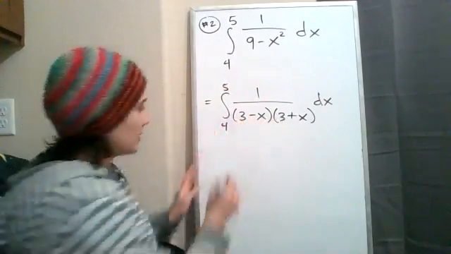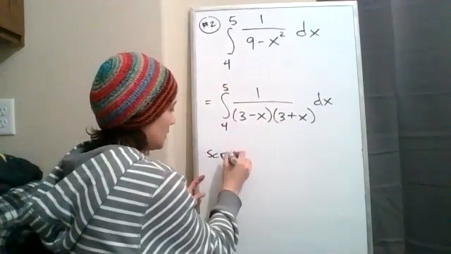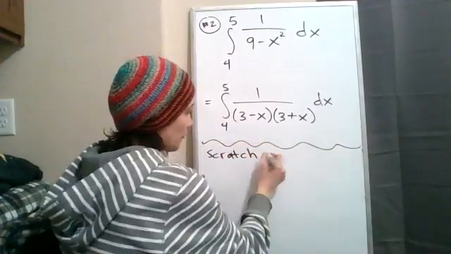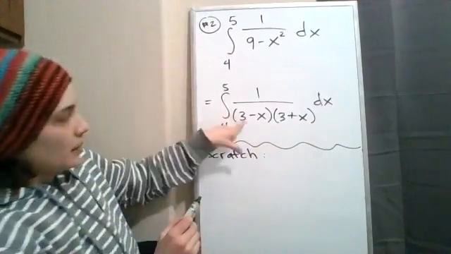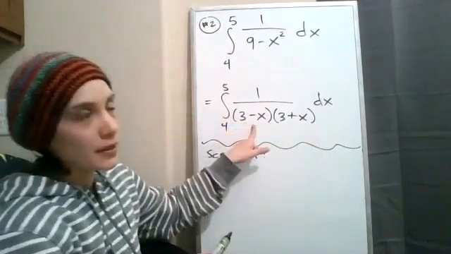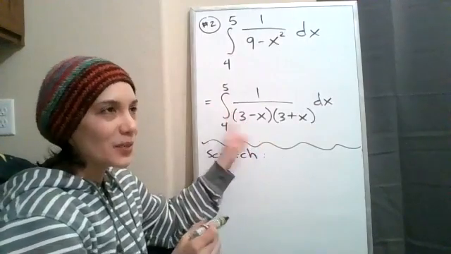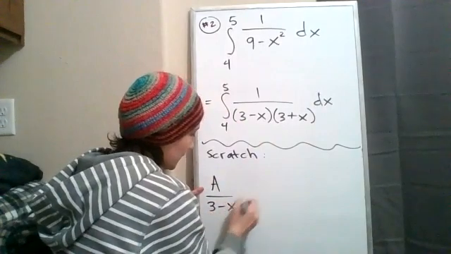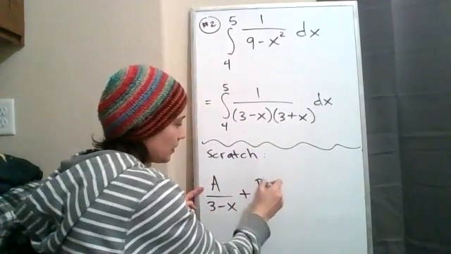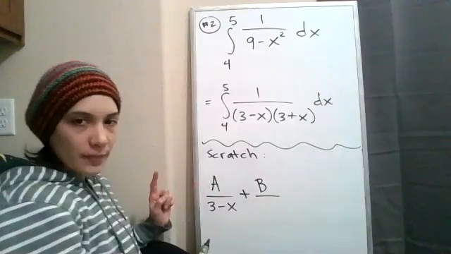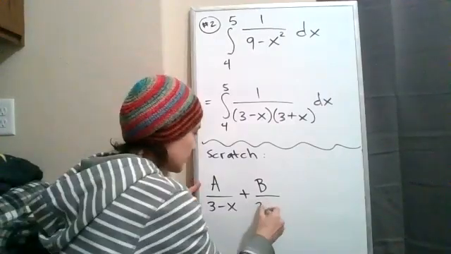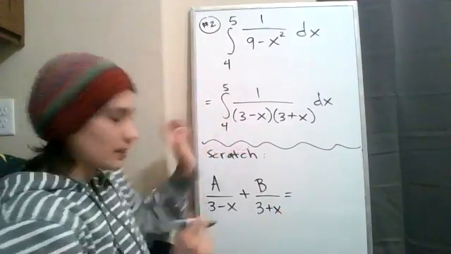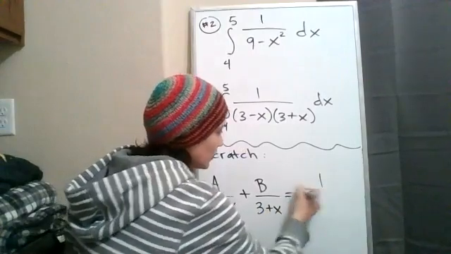So we want some number, we'll call it a, over 3 minus x, plus some other number, we're going to call it b, over 3 plus x. And the goal is to have this equal 1 over 3 minus x times 3 plus x.